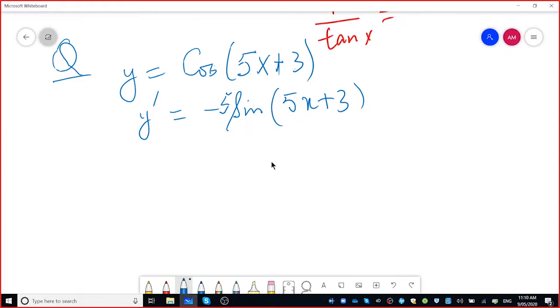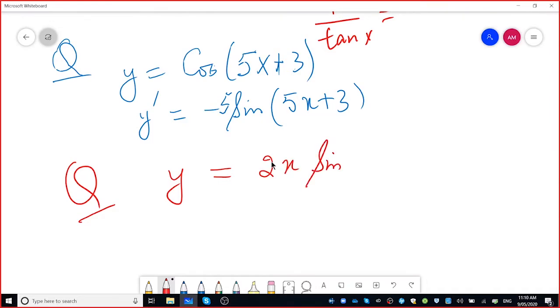Let me ask you a question, and it is because it's an exam question of 2017. So it is a part of both. First of all, differentiate: if y is equal to 2x sine 3x, you have to find y bar.